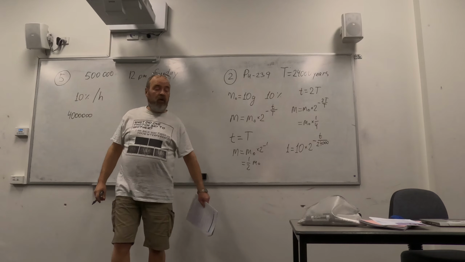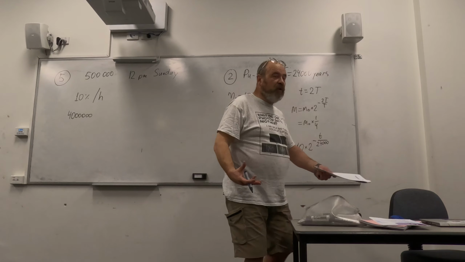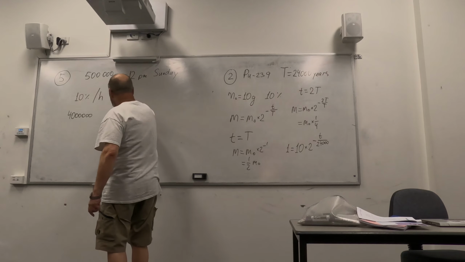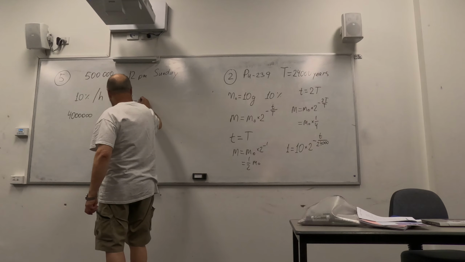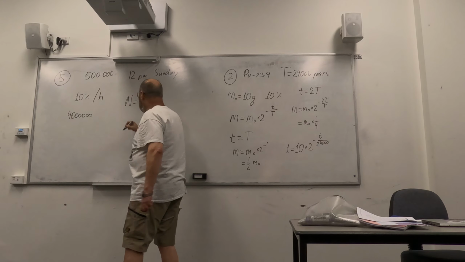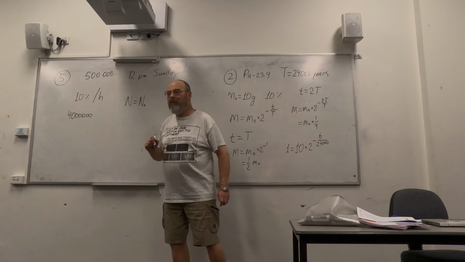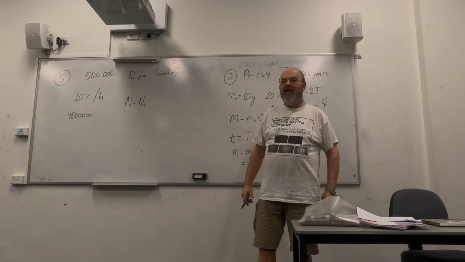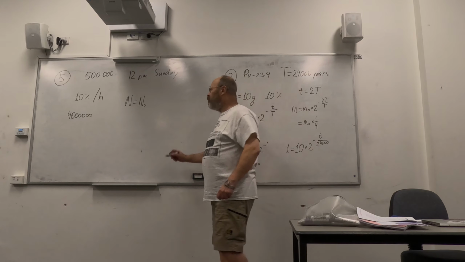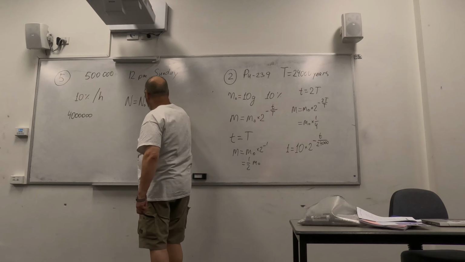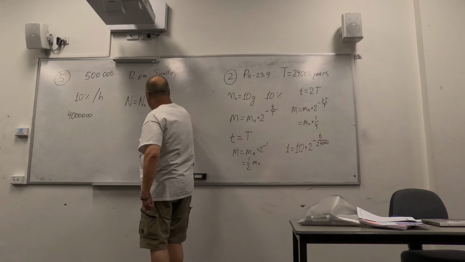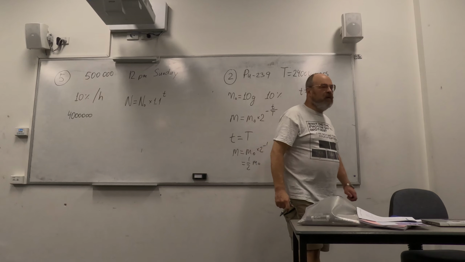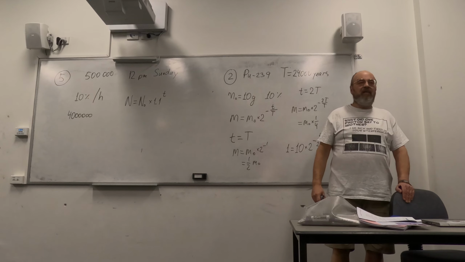So we need to make a mathematical model describing this process. The number of bacteria will be equal to the number of bacteria at the beginning times what, if it grows by 10%? 1.1 to the power of t, where t is the number of hours. Does everyone understand why it's 1.1 to the power of t?